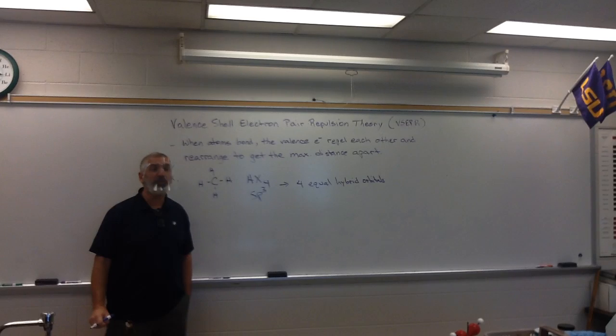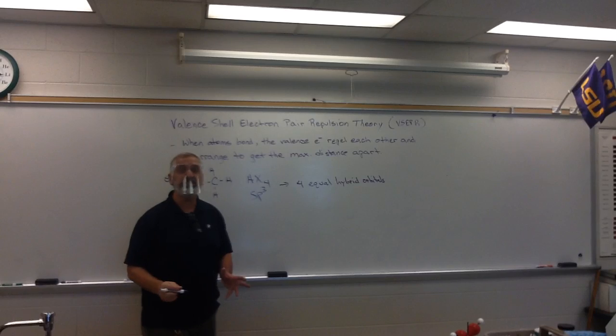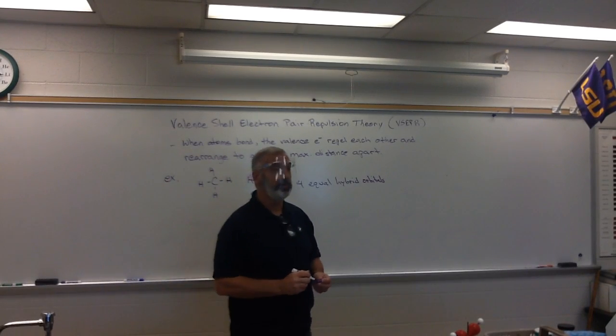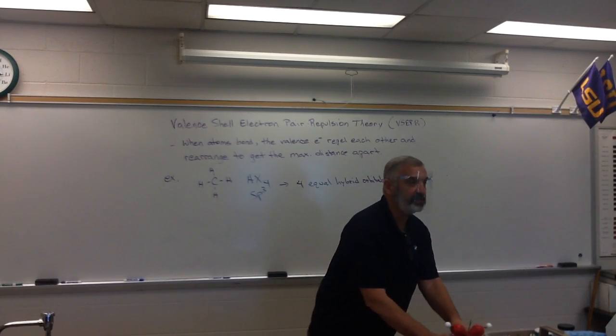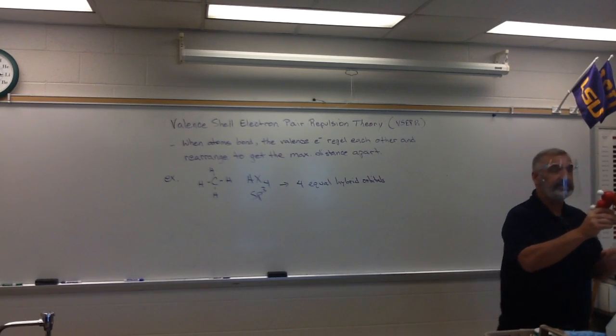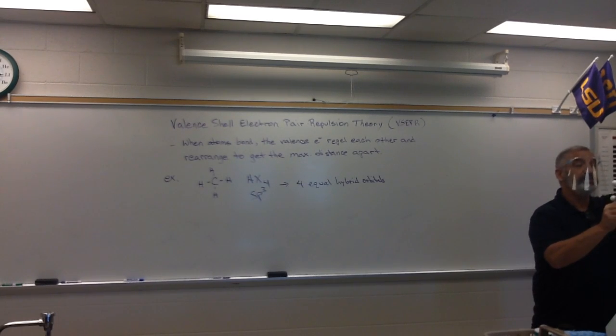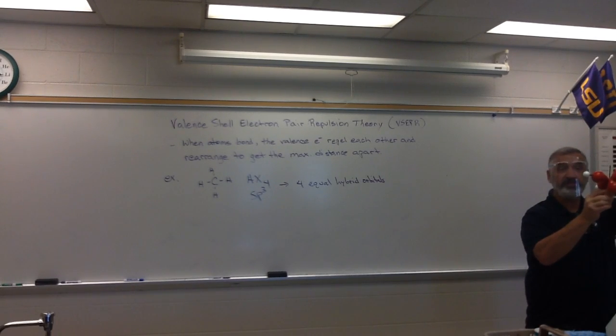So how are those 4 things going to repel one another to get the maximum distance apart? Well, they're going to go in all 3 dimensions, and they're going to push, and they're going to form something that looks like this. Here's the carbon in the center. These are your 4 equal hybrid orbitals, being very directional in just one given direction, and then your hydrogens coming in forming the sigma bonds.